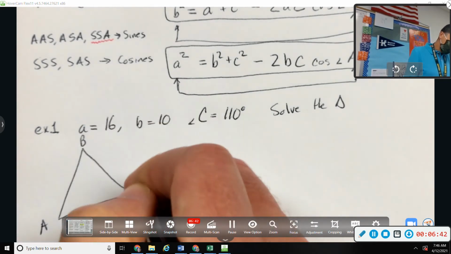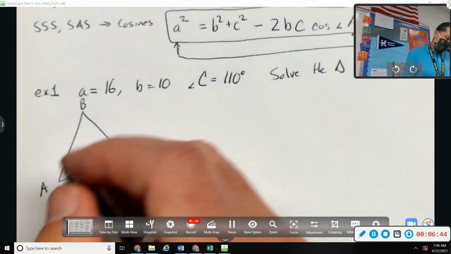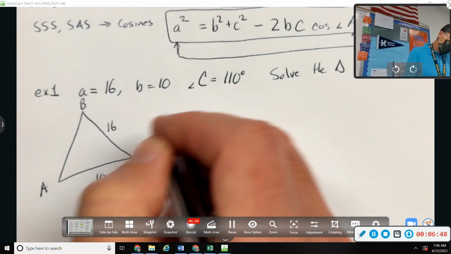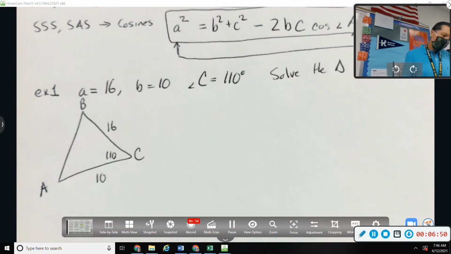Let's draw a picture. Side A is 16, side B is 10. Angle C is 110. So again, kind of two ways to think about it. It's side angle side, so that means it's law of cosines.